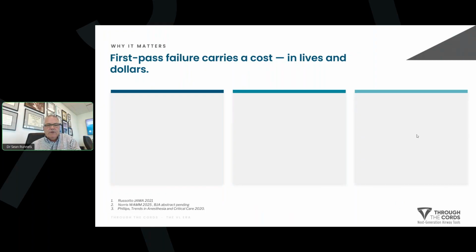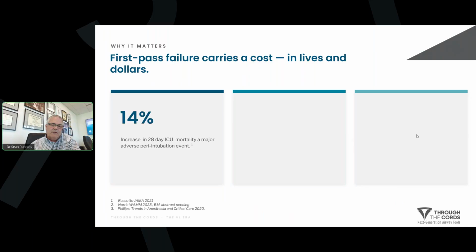So first pass failure carries a cost in both lives and dollars. We now know that there's an increase in 28-day ICU mortality with major adverse peri-intubation events. That was published by Russotto, and he also linked first pass failure to that increase.